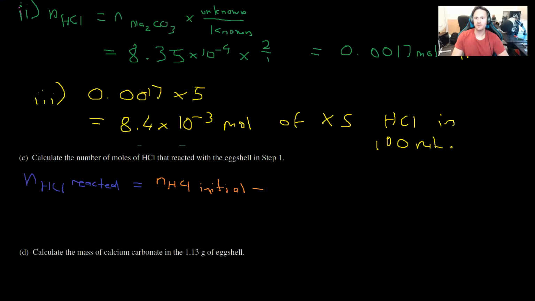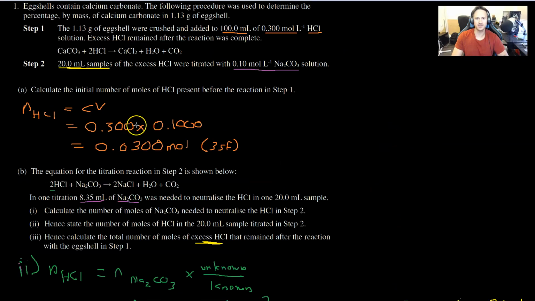Subtract the number of moles of HCl in excess. Okay, so that's what we started with. That's what was left over. So if you subtract the difference between the two, that's what reacted with the eggshell. Okay, so that's that extra step.